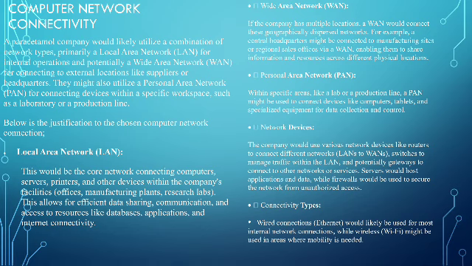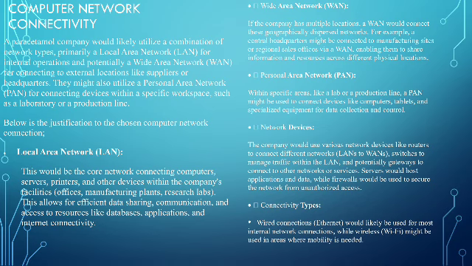Computer network connectivity. A paracetamol company would likely utilize a combination of network types, primarily a local area network for internal operations and potentially a wide area network for connecting to external locations like suppliers or headquarters. They might also utilize a personal area network for connecting devices within a specific workspace, such as a laboratory or a production line.